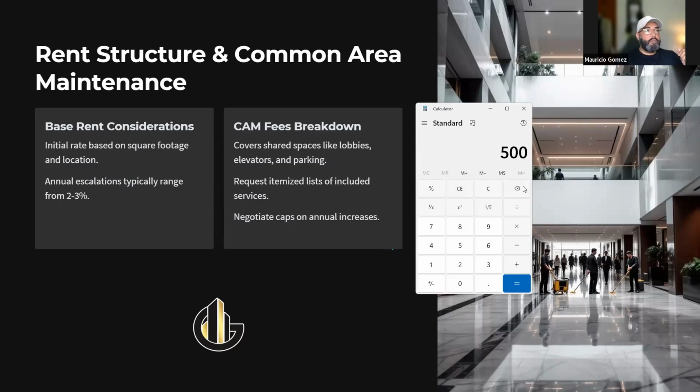So let's say that the base rent is $5,000 a month, which is $60,000 a year. The following year, if there was a 3% increase, that $5,000 rent goes up by $150. And it's consecutive. Every year, 5150, 5300, and so on and so forth.